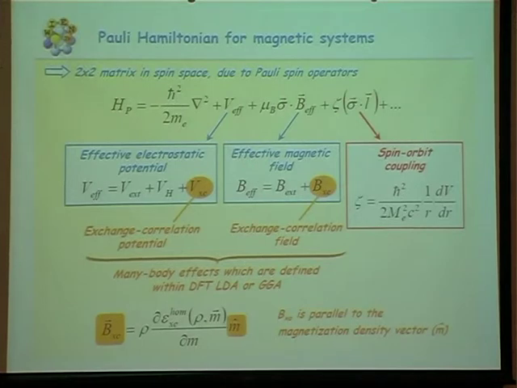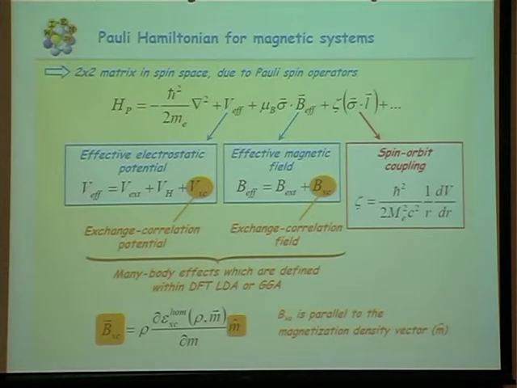This B effective could be an external field if you apply a magnetic field, but even if this is 0, if you have spontaneous magnetic moments, you have an internal magnetic field. This comes from the exchange correlation field. This field is proportional to the magnetization density.